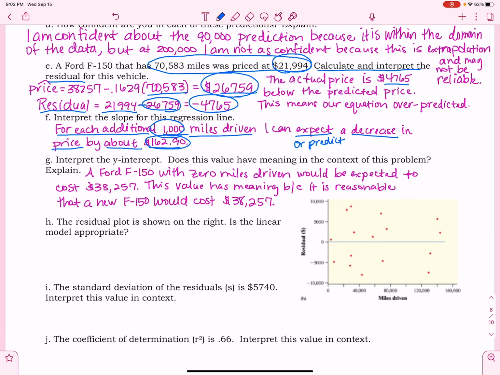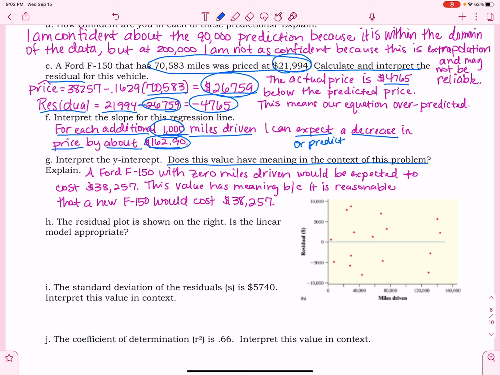So in other words, a Ford F-150 with 0 miles driven is going to be expected to cost about $38,257. Now what you have to answer in this, the question asks you, does this value have meaning in the context of the problem? In other words, does it make sense?